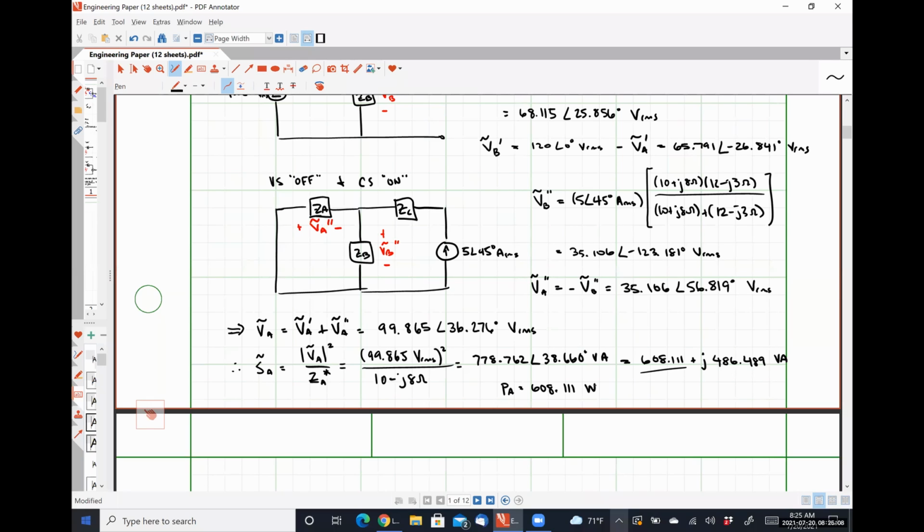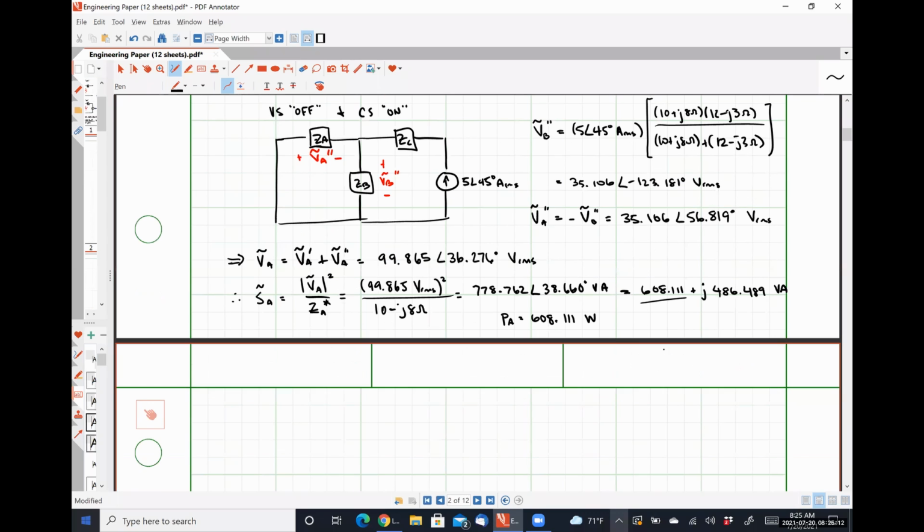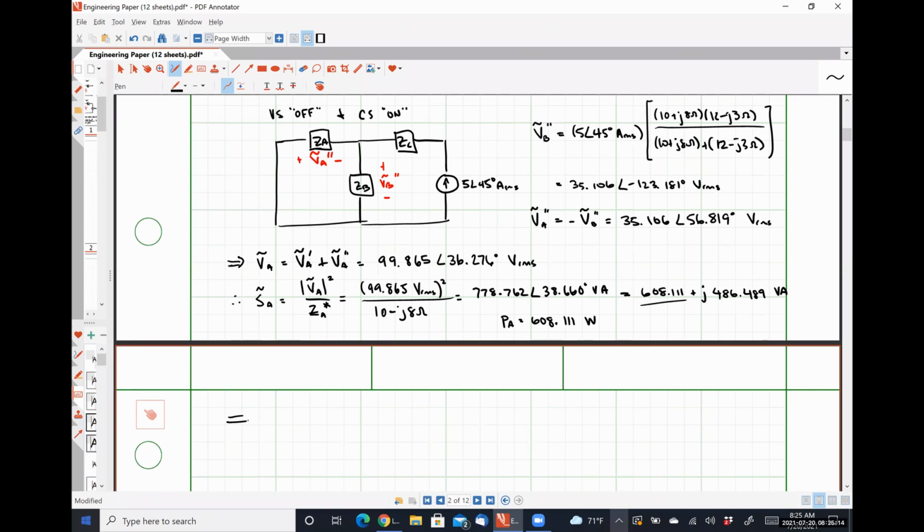So we would determine VB in the exact same way. It's just going to be VB prime plus VB double prime.